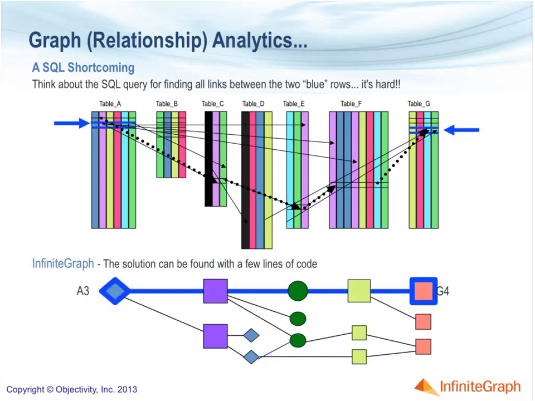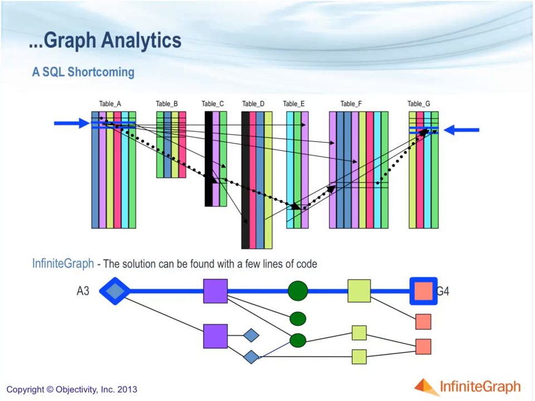The reason for that is all the objects that represent the nodes and the connections between them have unique identities, and so we can look them up extremely quickly. We can use them like pointers, so we can traverse networks of objects very, very rapidly. In fact, in the first release of our product back in 1990, we didn't even have a query language. You found an object, you know, 747, and then you traversed to the wings, to the engine, to the parts of the engine, and so on.